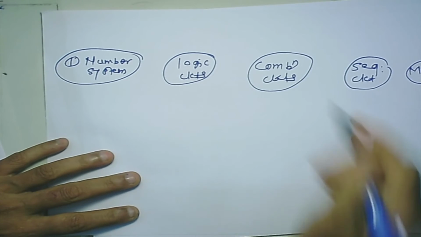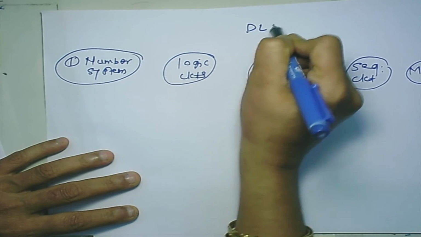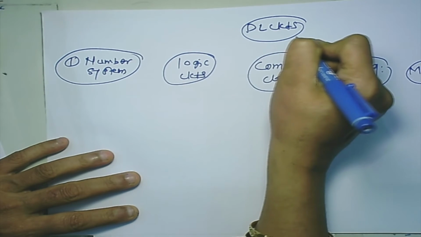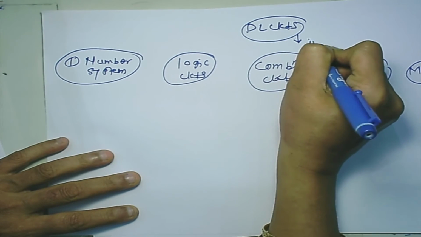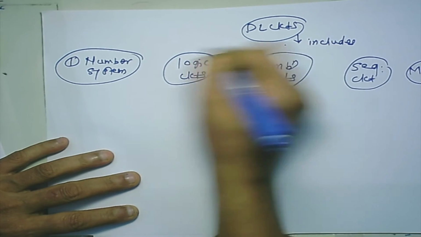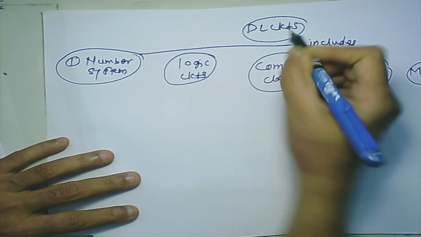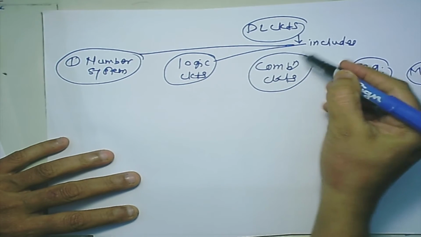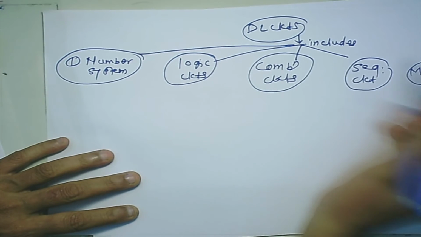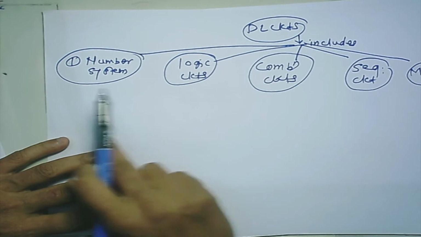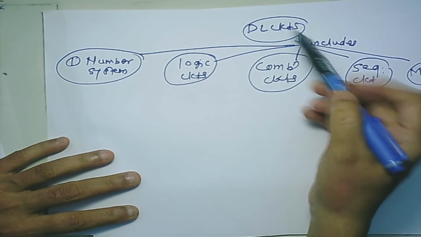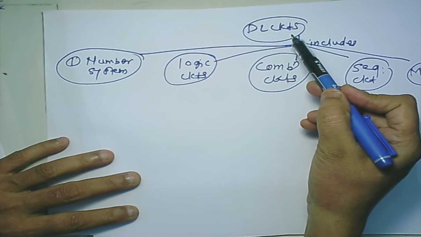So from the digital logic circuits, I can write that it includes number systems, logic circuits, combinational circuits, sequential circuits and memories. These are the most important modules in the course of digital logic circuits.